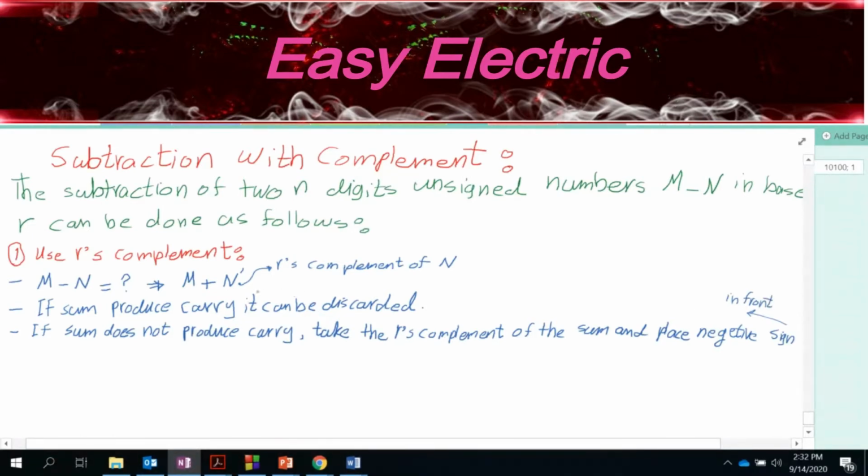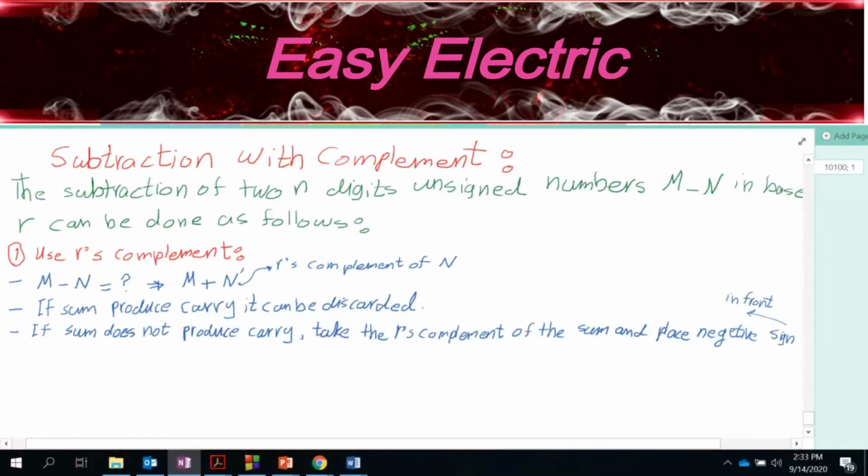For now, you want to calculate this subtraction using just addition. You say, okay, I add the second one's r's complement. This addition has two possibilities, make a carry or not. If it makes a carry, it's this step: if it produces a carry, it can be discarded. That means ignore the carry. Whatever you got is m minus n, okay?